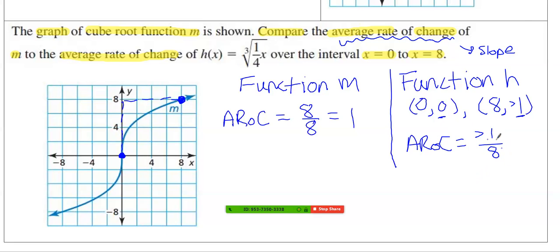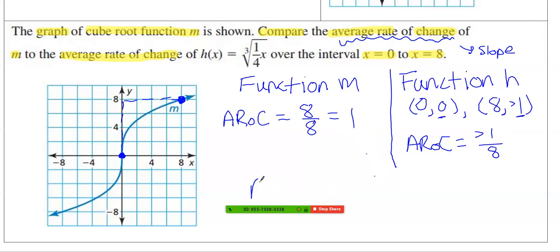So how is this slope comparing to this slope? Well, how much greater than 1? If you look at this number, it can't be 2, because 2 cubed would equal 8. So this number must have been in between 1 and 2. So this slope for function h must be smaller than this slope for function m.